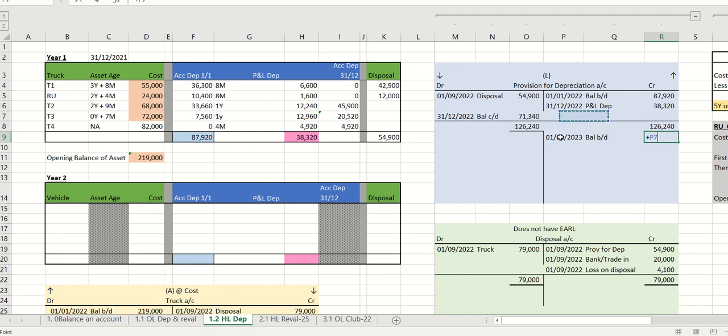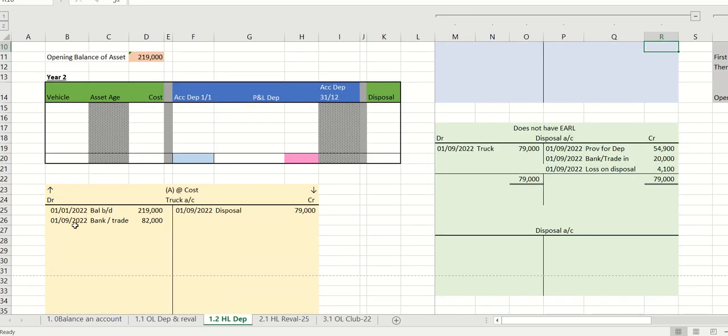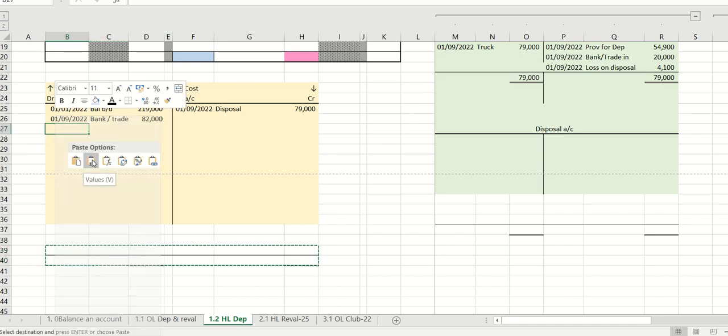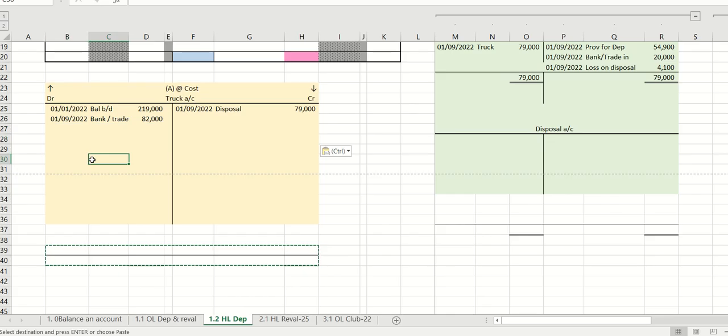Balance BD below the total on the opposite side to balance CD. 71,340. We're going to balance our truck account here now as well.